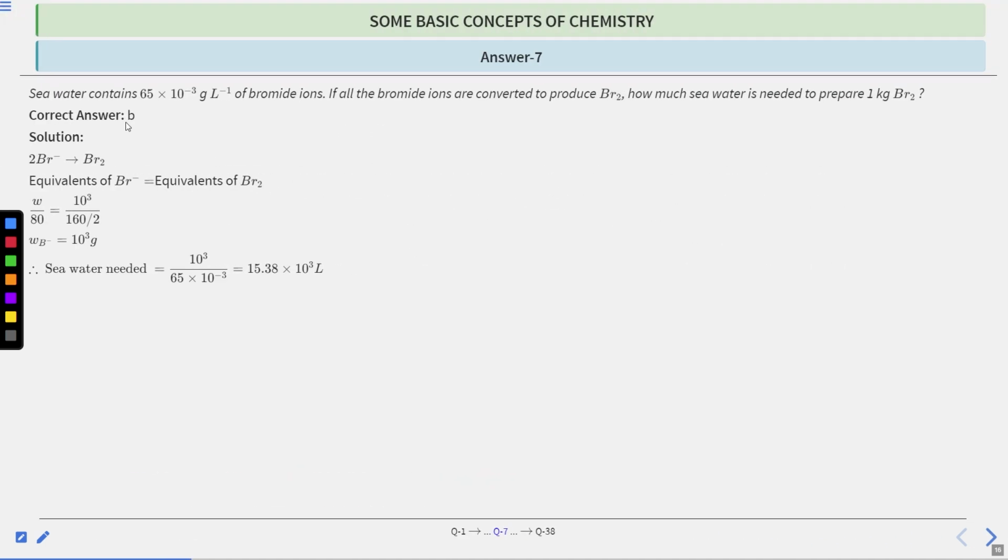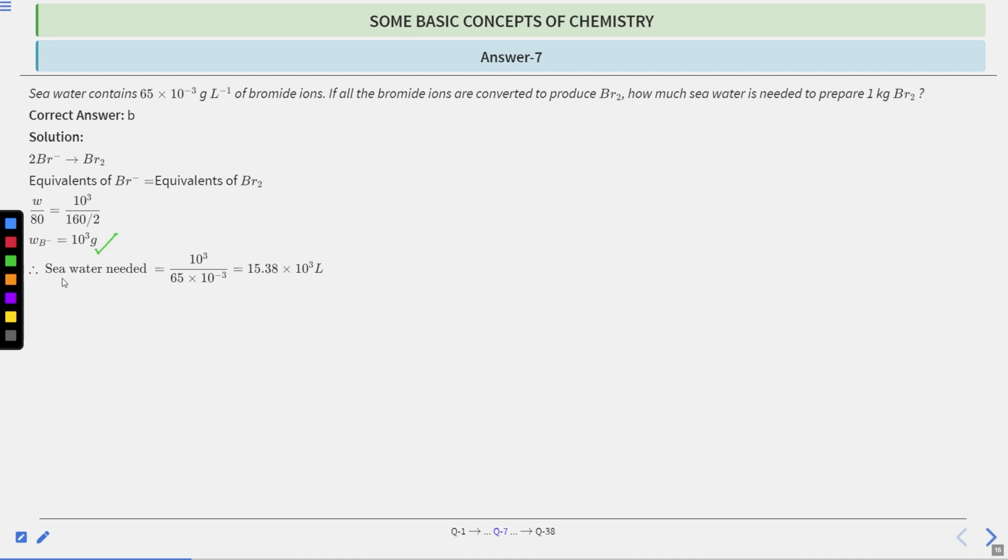So the correct option will be B. How the bromide ion will get to the bromine molecule like this. So equivalents of bromide ion will be equal to equivalents of bromine molecule. So W by 80, weight upon molecular weight, equals 10 to the power 3 divided by 160 upon 2, which will be equal to 10 to the power 3 gram.